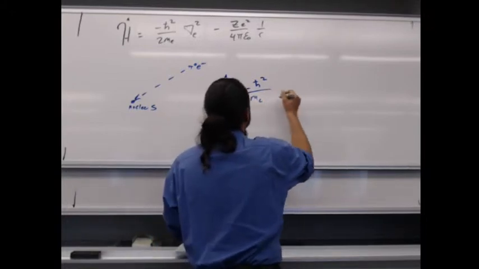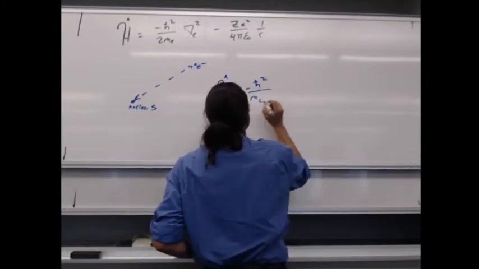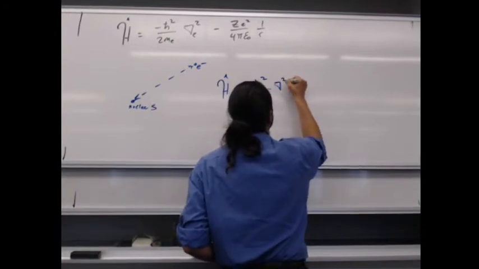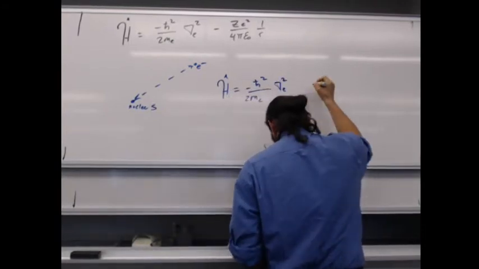Negative h bar squared over 2 mass of electron, del squared for the electron, sorry, I forgot the 2 there.